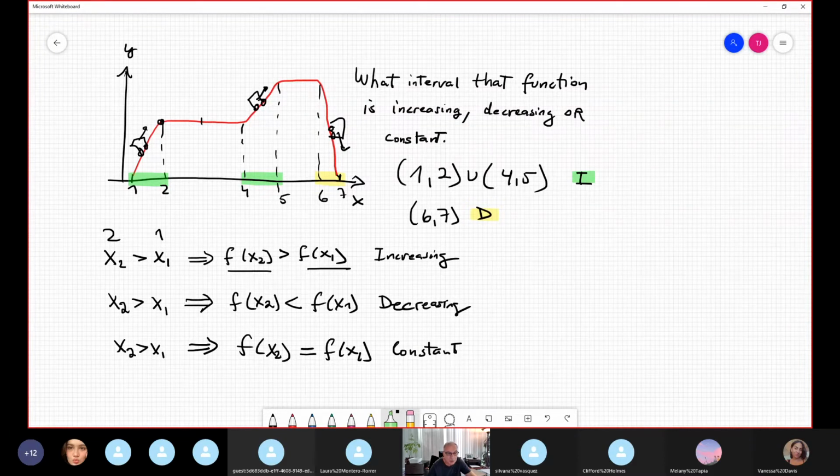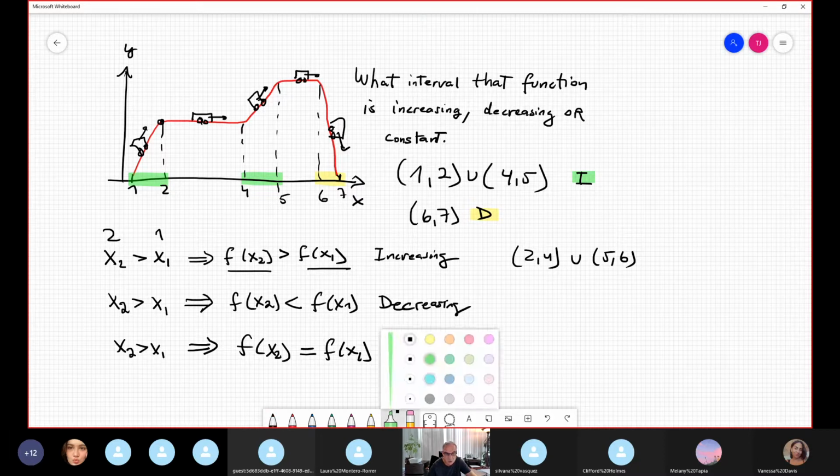And constant, well, is the interval from 2 to 4 and 5 to 6, because the roller coaster car doesn't change. It's constant, the y value stays the same. Let me select another color, maybe blue. So constant is blue.